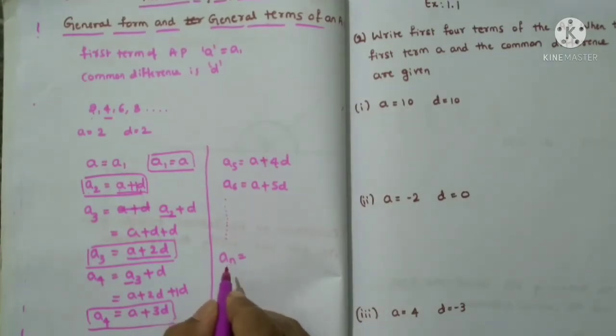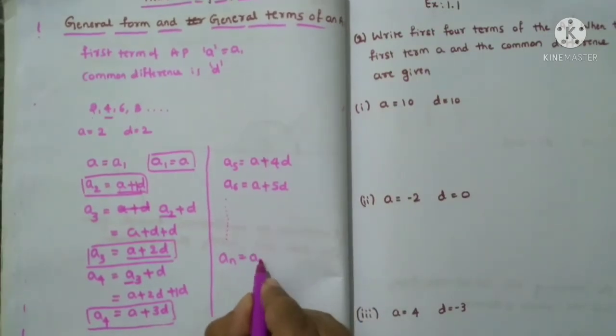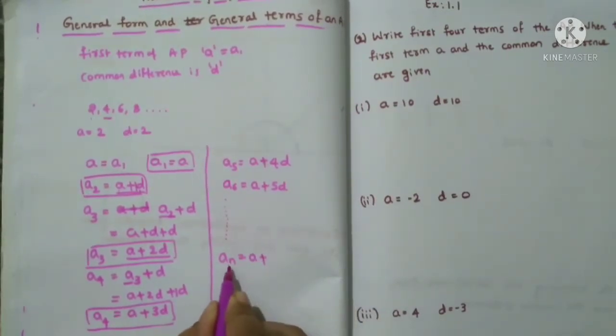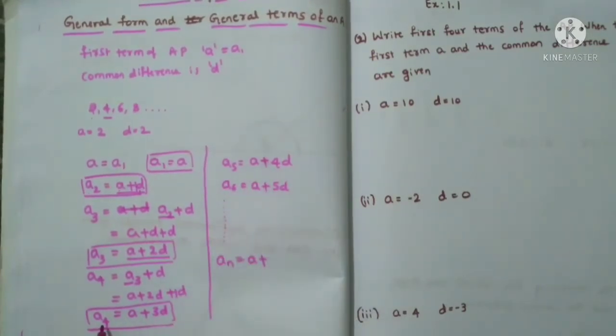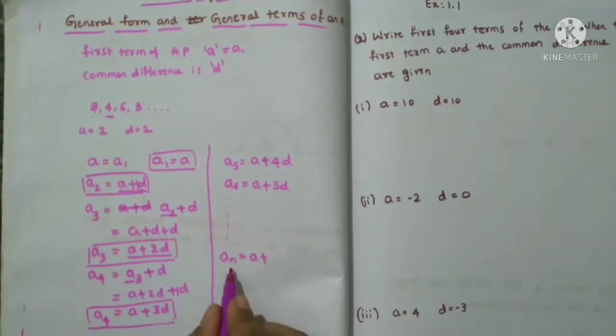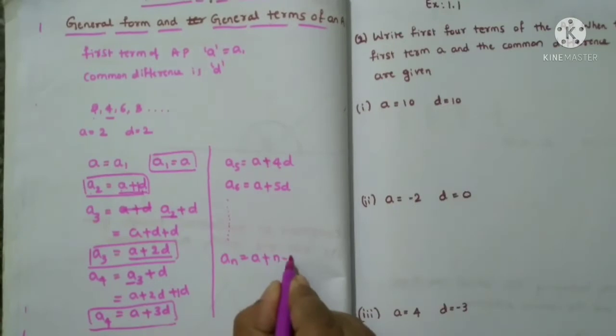An is equal to a as it is, plus n minus 1, because one number less: where 6 is there, 5 we are writing; where 5 is there, 4 we are writing. So here n is general, and from n you have to subtract one number less. So n minus 1 I will write.